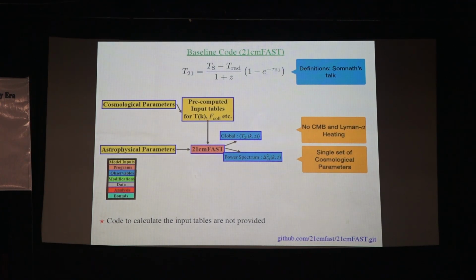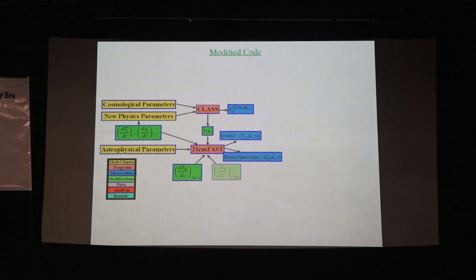To solve this, we interfaced the 21 centimeter fast code with CLASS. You know CLASS is a Boltzmann solver code which gives you beautiful CMB predictions. CLASS is easy to deal with, and you can change it very easily and efficiently.